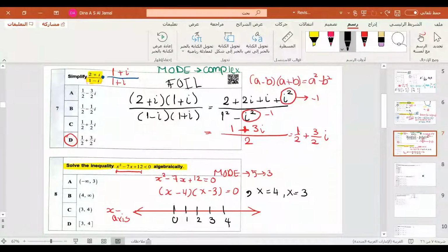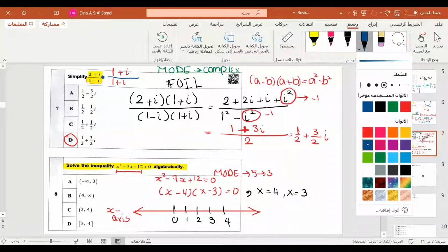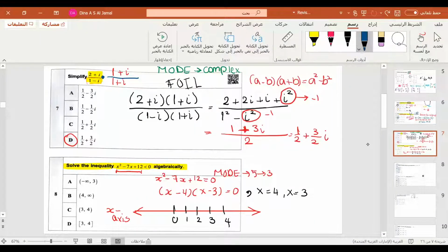Let's imagine that your quadratic function or equation has solutions of 3 and 4. But pay attention that your inequality will not have equal. That means whenever you draw it, it will be a dashed line.